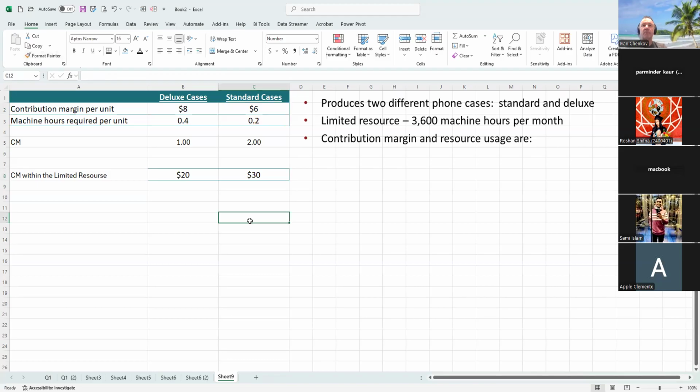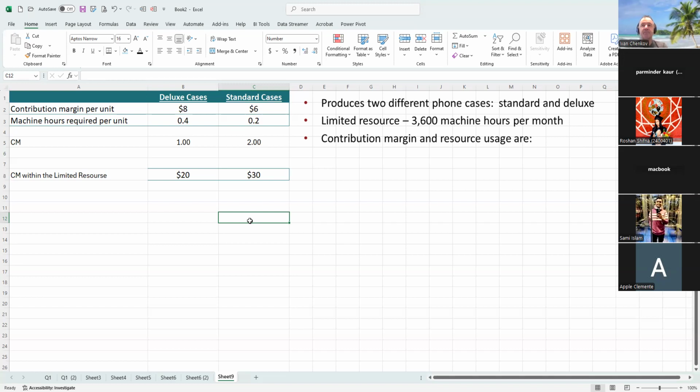So which one is my more profitable product? Product one or product two? Product two. So which product should I focus on? Product one, standard, or product two? The standard, because that's going to give me more income within the limited resource.